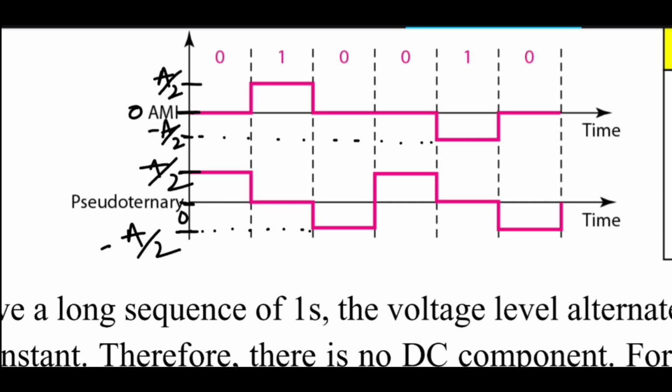So in pseudoternary, just the opposite of AMI, for 0 it is inverting. This is our current 0, it's positive. Okay, then this is 1. Okay, then this is 0, so negative because of inverting.